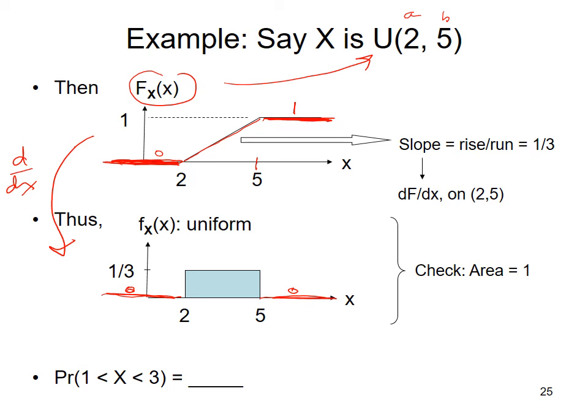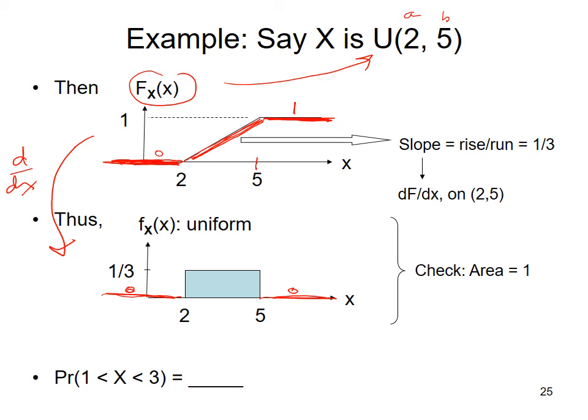Okay, now the only place left where anything interesting can happen is between 2 and 5, and we know the derivative of a line is the same as the slope. Remember, in general, the derivative is the slope of a tangent drawn to the curve. If it's a linear function, then the derivative is just the slope of the line.